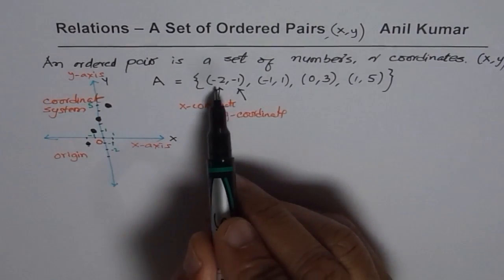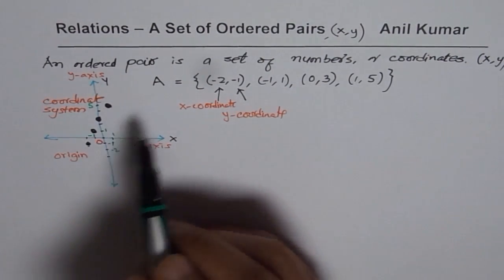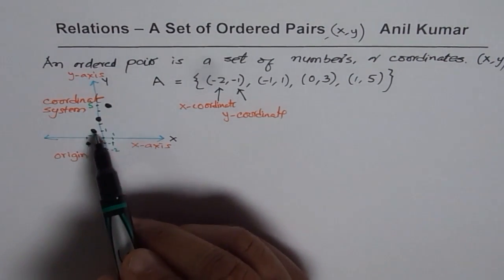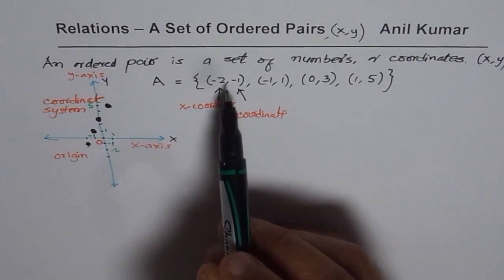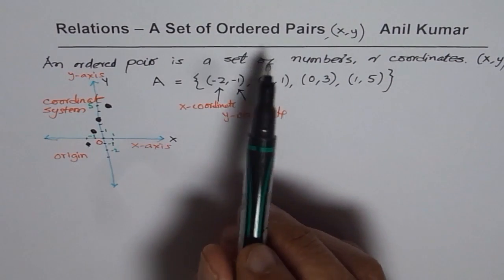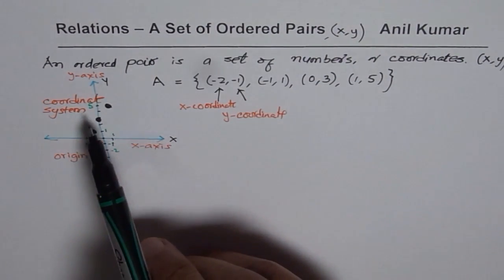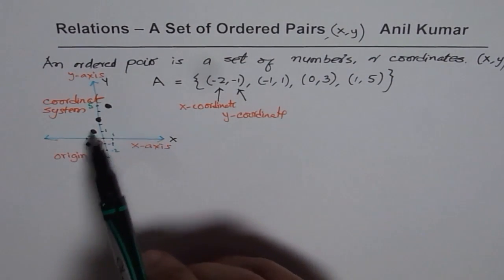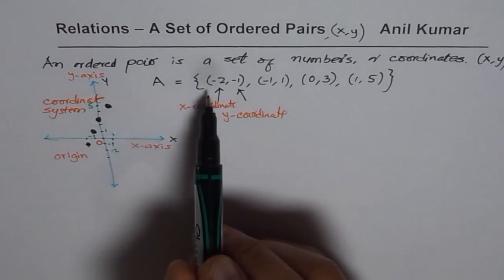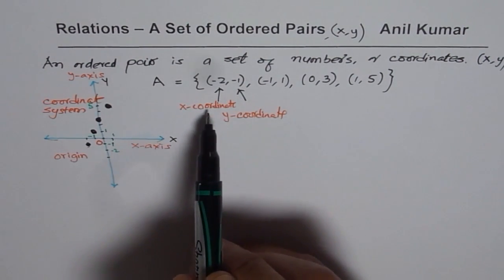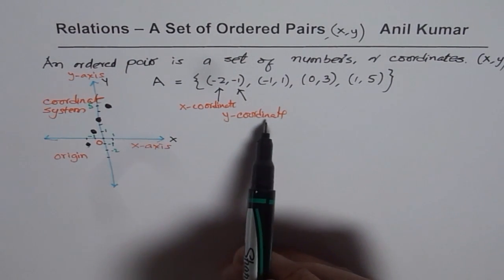Now if you place these points, we get those points represented in the form of a graph, right? So this becomes a scatter graph for you. So that is how you can write the ordered pairs or show the ordered pairs on a coordinate system. Now as you can see here, for a value on the coordinate system along the x-axis, we have a specific value along the y.